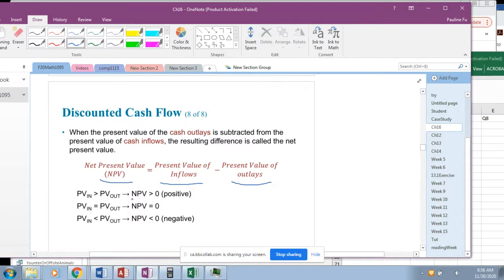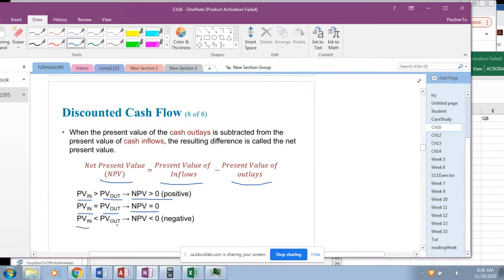And how do we know the net present value is positive? When you have money in more than money out, you have a positive NPV. When money in equals money out, you have a 0 NPV, net present value.